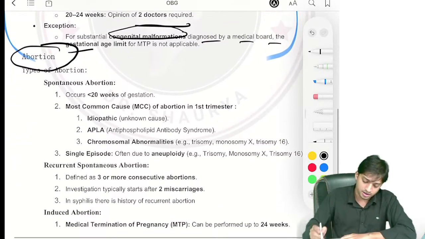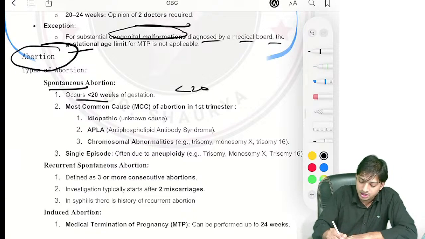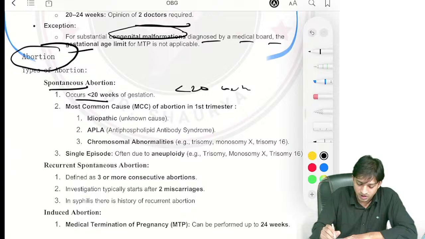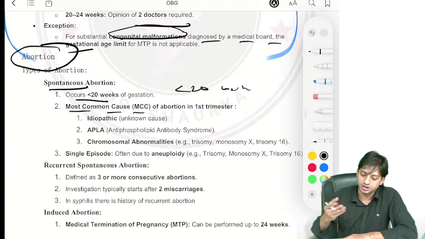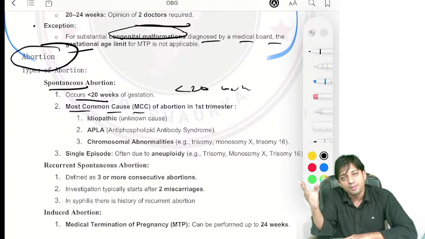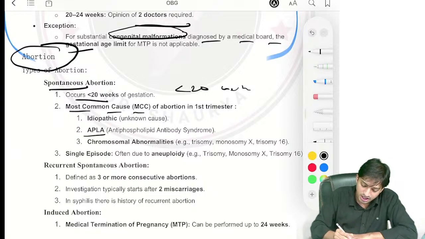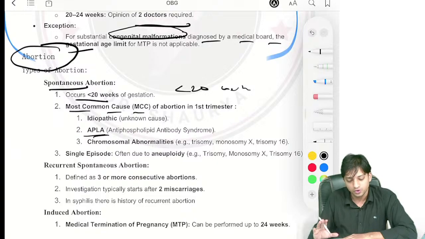Come here. Spontaneous abortion occurs in less than 20 weeks of gestation, right? The most common cause of abortion in the first trimester is generally idiopathic, you already know. Apart from that, if they give you recurrent abortion history, it can also be a case of APLA, antiphospholipid antibody syndrome. You guys know that.